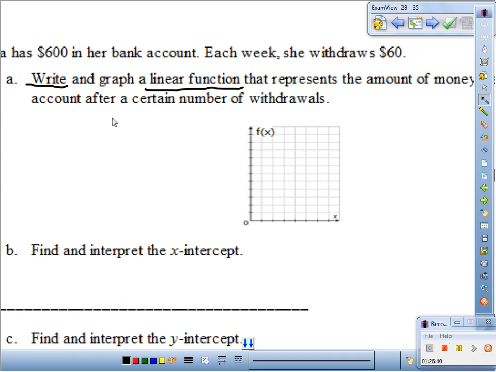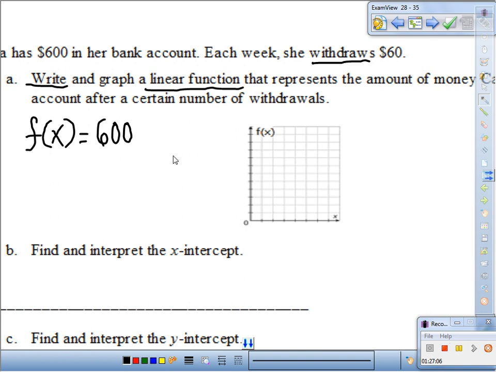So before we do anything, they're talking about a function. So I'm going to write f of x. We'll notice this here on the graph, it said instead of y, it has what? F of x, okay? Equals. How much did she start with? So we write 600. But then it says each week she withdraws. What does withdraw mean? Take away how much? 60. Do we know how many weeks?